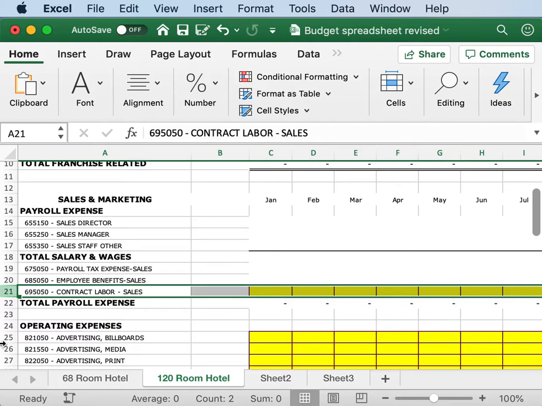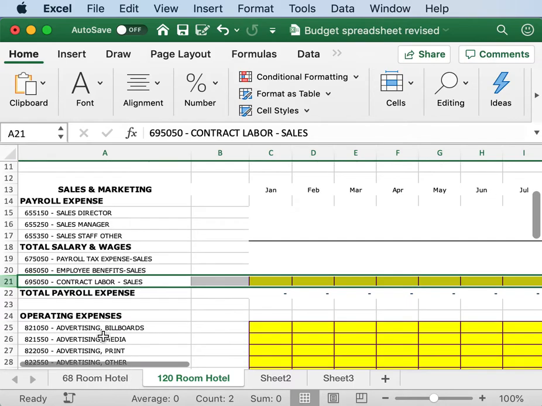This is once again very infrequently used. It's quite likely that hotels would never use this labor category. Okay, it's much more common for contract labor to be used in hourly roles within like the housekeeping division, for instance, where they have like room attendants cleaning the rooms and they need to bring on additional staff to help during certain parts of the year.